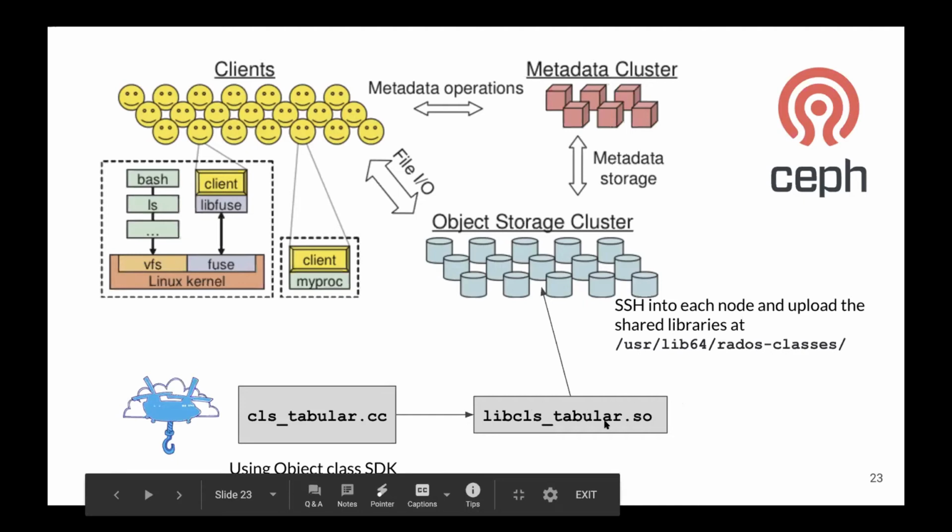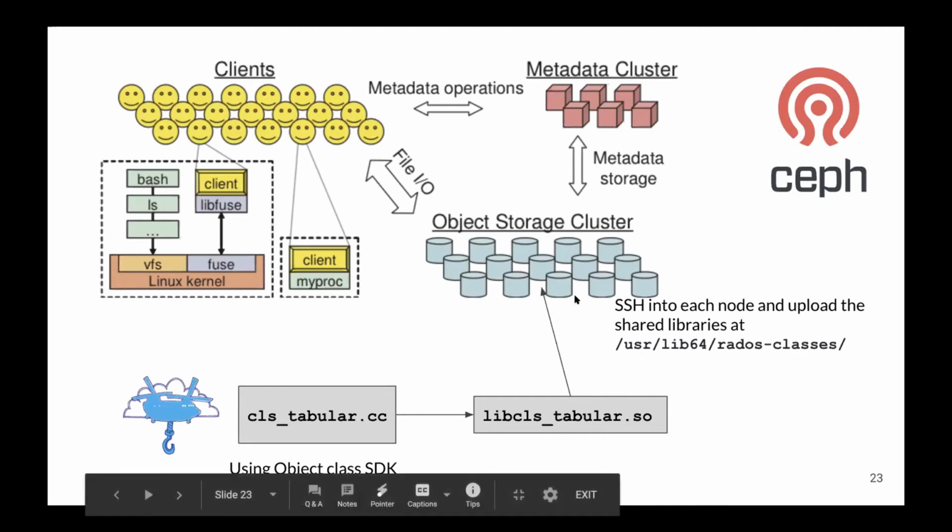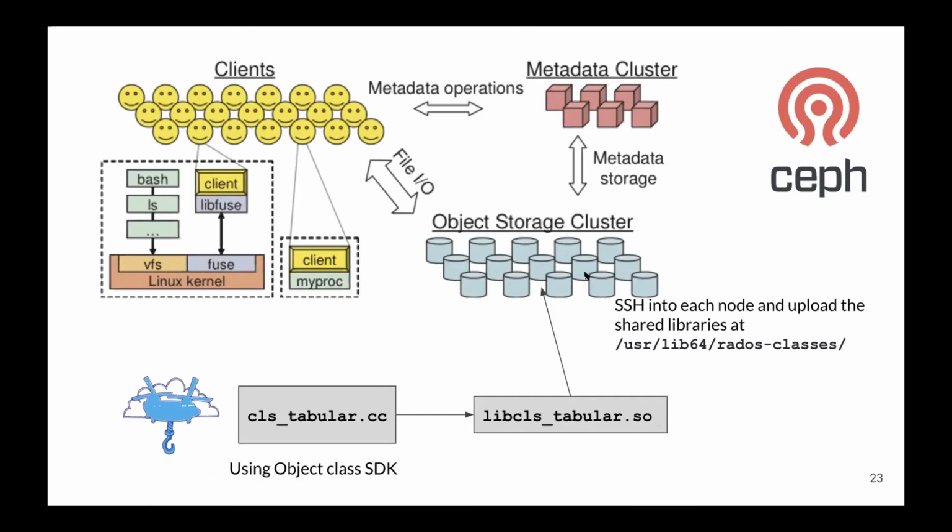So this shared object file goes into each of the OSDs, and each OSD needs to be restarted for this shared object file to take effect. Manually, using any tools, you have to SSH into each of the OSDs and put the libraries in the correct directory basically.